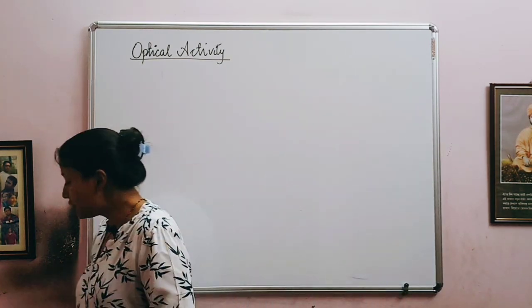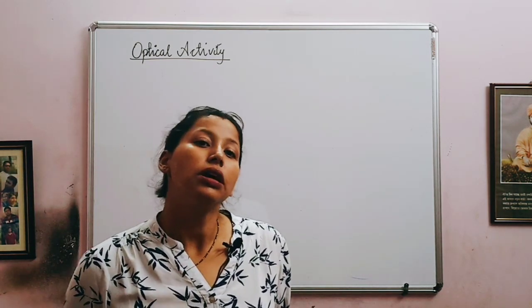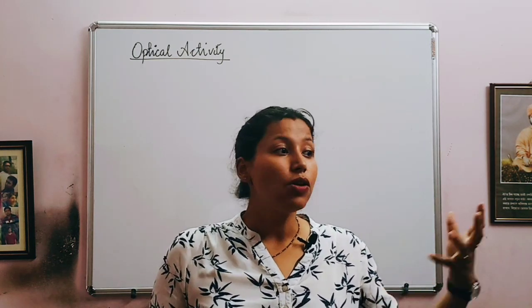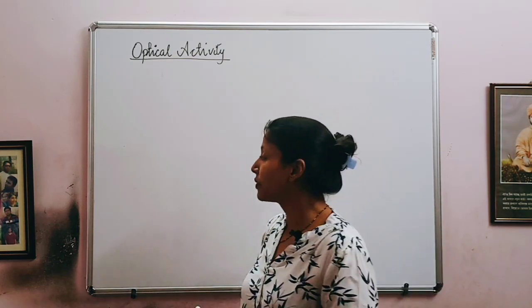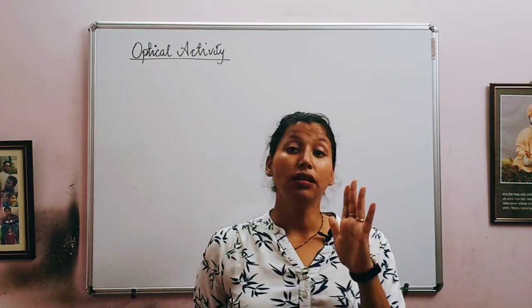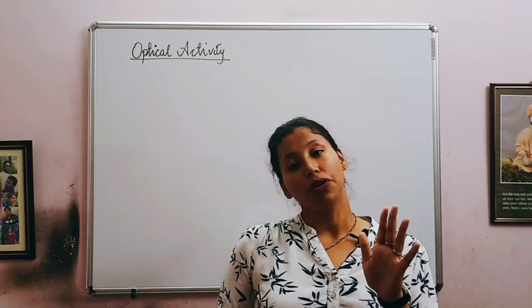Next, what do we need to discuss? What is the condition by virtue of which an organic compound, or any compound or any object, will show optical activity? Suppose you hold your left hand in front of the mirror. You will see the image of your left hand.